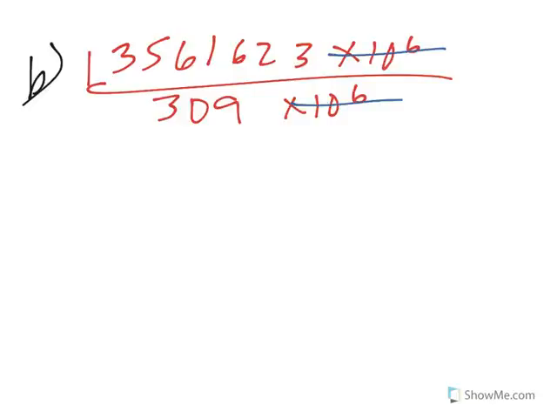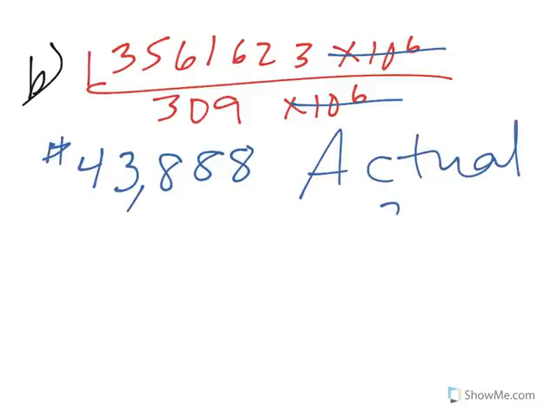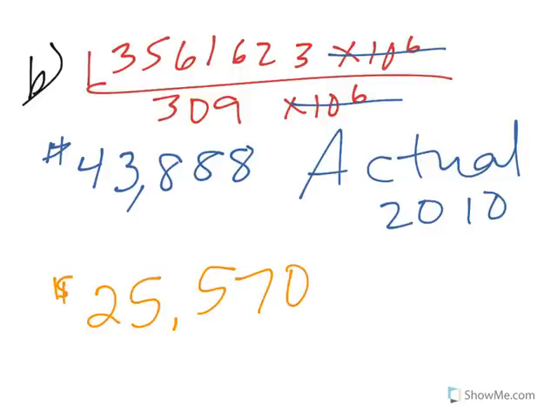And again, these cancel out. I divide, and I get 43,888. So this was actual 2010. We're comparing that to our estimated, the estimate that we found using our 2000 data.